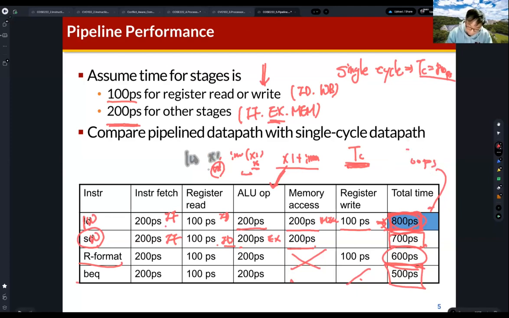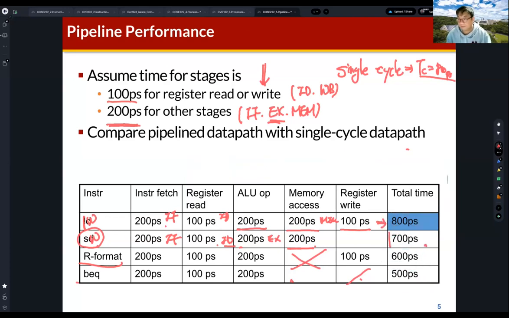Then let us assume that we can apply pipelining to this RISC-V processor. When pipelining is applied, we just divide the execution path into stages.